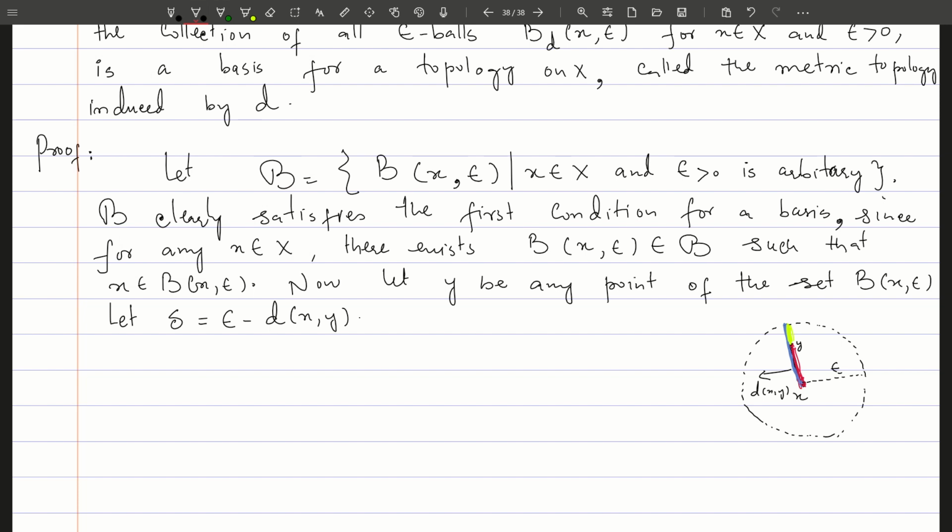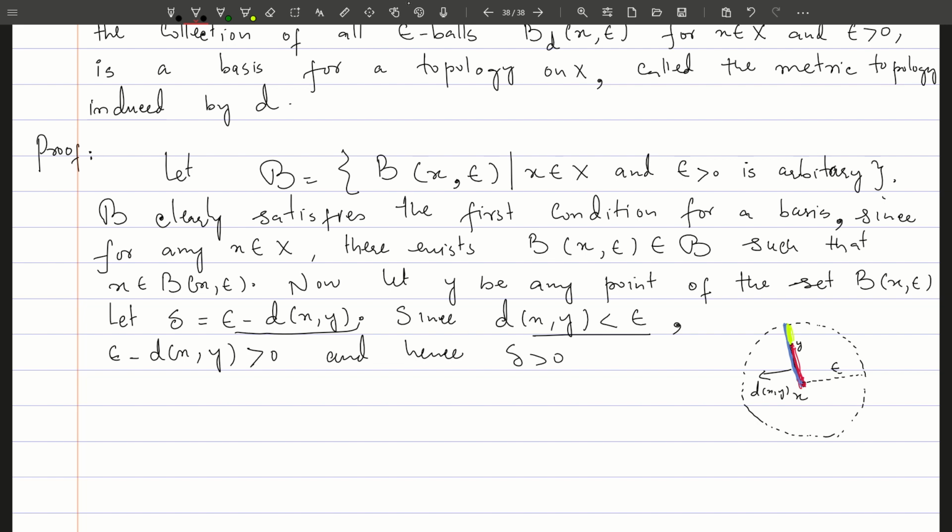Since d(x,y) is less than epsilon, epsilon minus d(x,y) will be bigger than 0, and hence delta is positive.